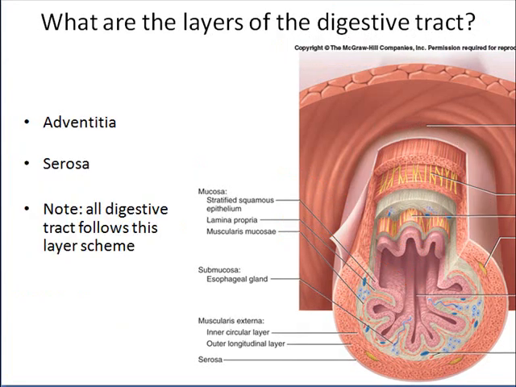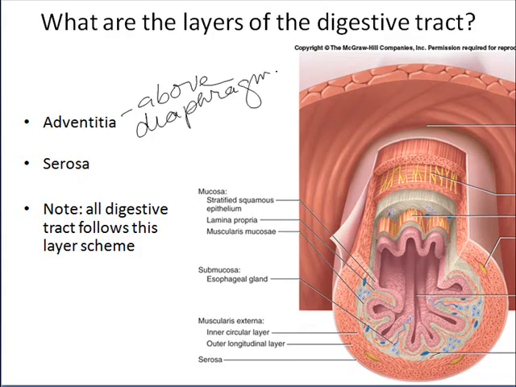Lastly, we got to wrap the outside of the digestive tract with just a thin layer of little connective tissue just to kind of hold everything in place. If that connective tissue thin layer is found above the diaphragm, we call it the adventitia. And again, this is just a thin layer of connective tissue that kind of protects the digestive tract, holds it in place.